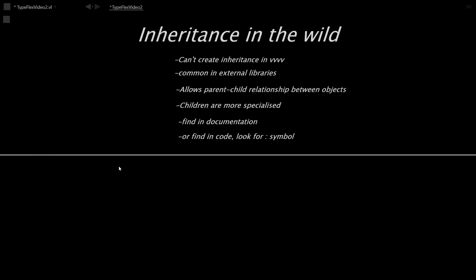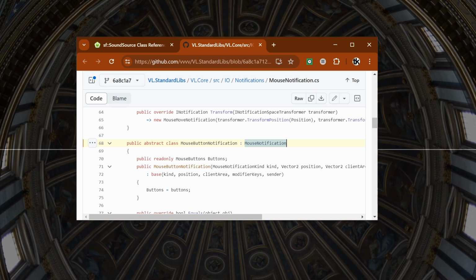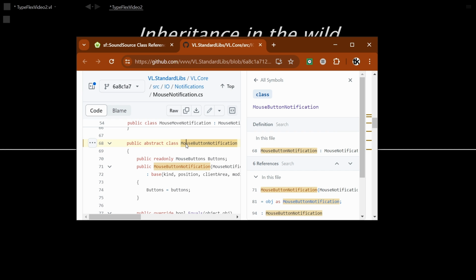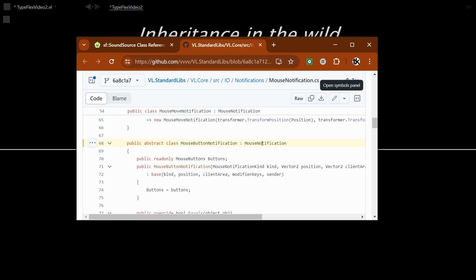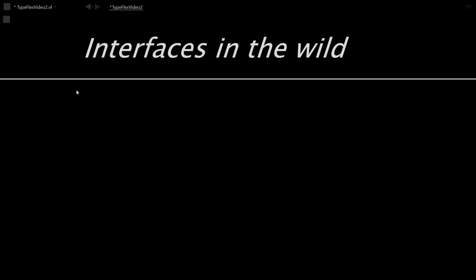If I look in the code, and in fact, because V4 open sourced its standard libraries, I can find the C# code, and it's here with this colon symbol that's saying mouse button notification inherits from mouse notification. And I could trace that code with a search to find all those inheritance relationships. Hopefully we'll take a closer look in a future reactive tutorial on these actual mouse and keyboard notifications and how to use them.